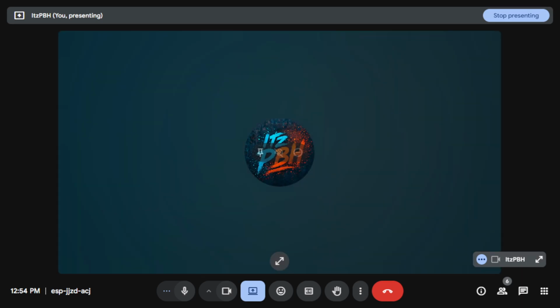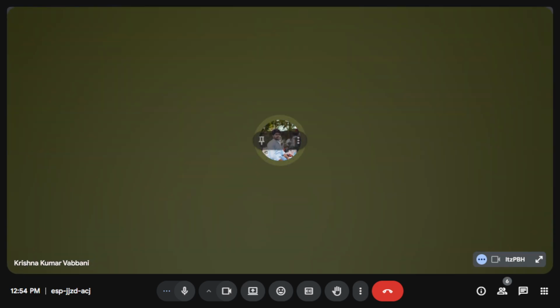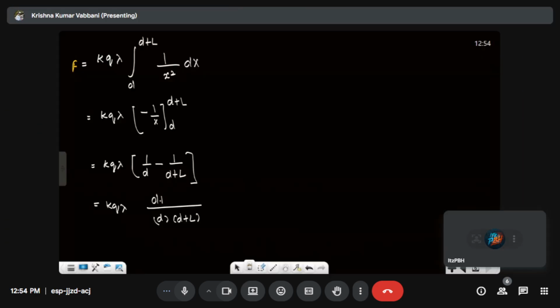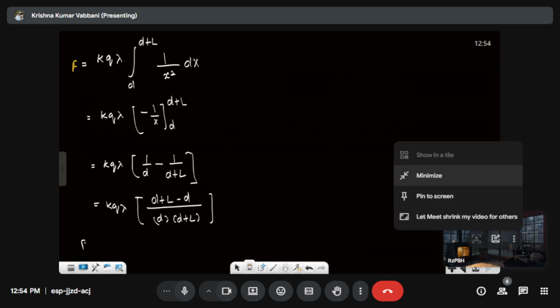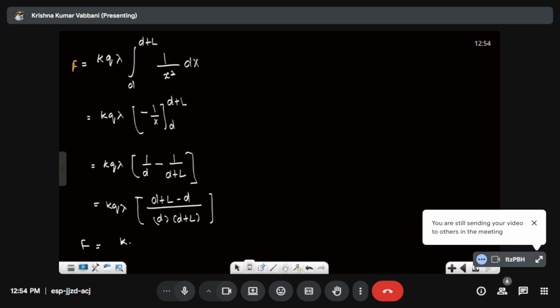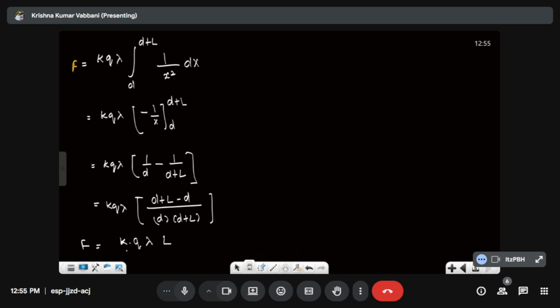If you do the LCM, d times (d plus L), I will get d plus L minus d. So my answer is going to be k times q lambda and L divided by d times (d plus L).